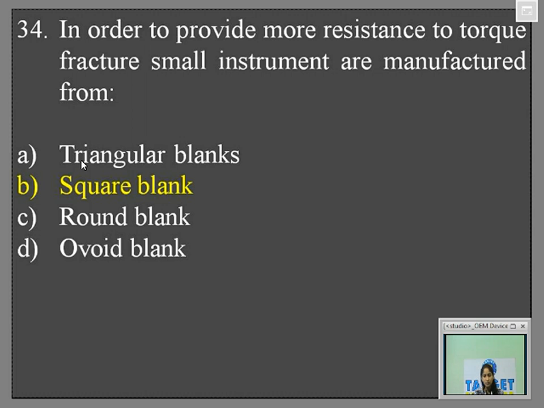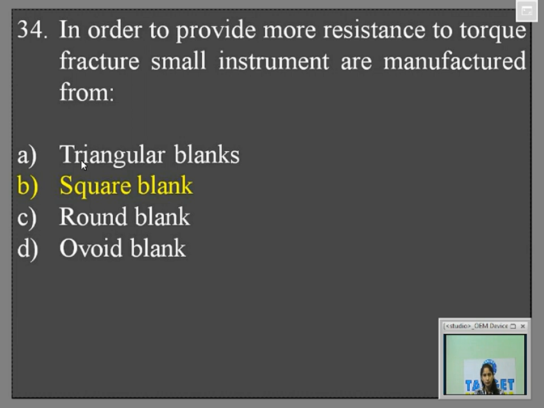Okay, they are spiraled in a very loose fashion, whereas your files have tighter flutes, more number of flutes. So that is the reason why they have lesser cutting efficiency, because there is lesser area for the dentine to be removed and collected. Okay, so that is also done: more number of spirals, less number of spirals, more in files, less in reamers.